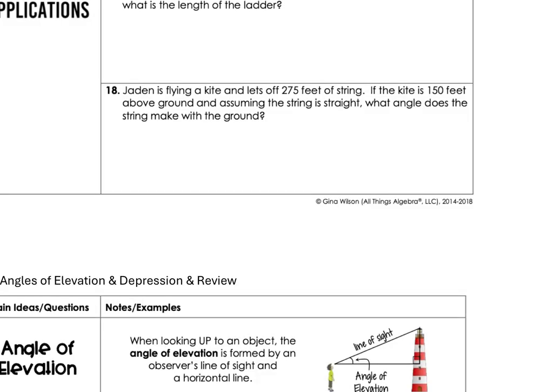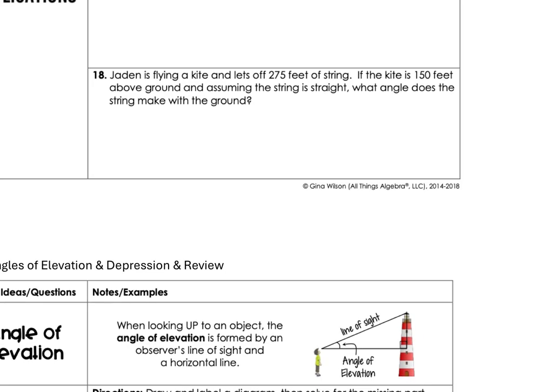It says Jaden is flying a kite and lets off 275 feet of string. So here's Jaden flying a kite. He lets off 275 feet of string. Okay, there's your kite.